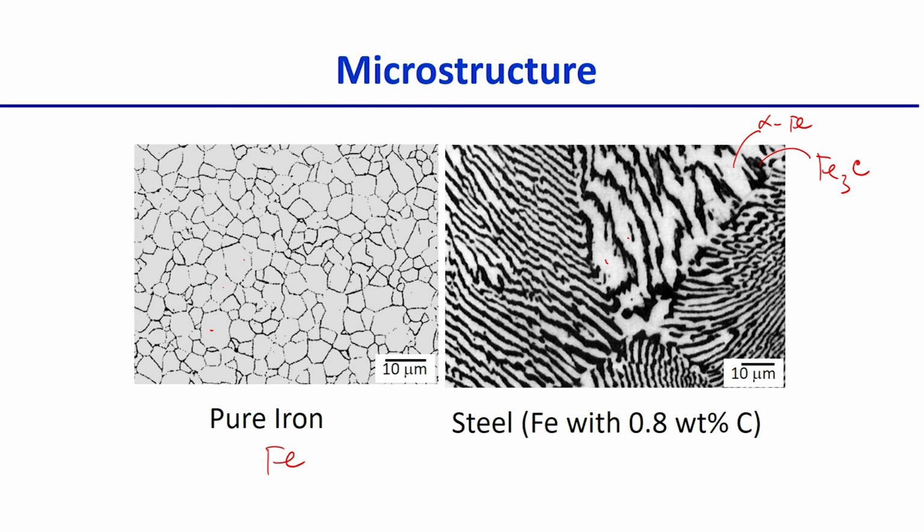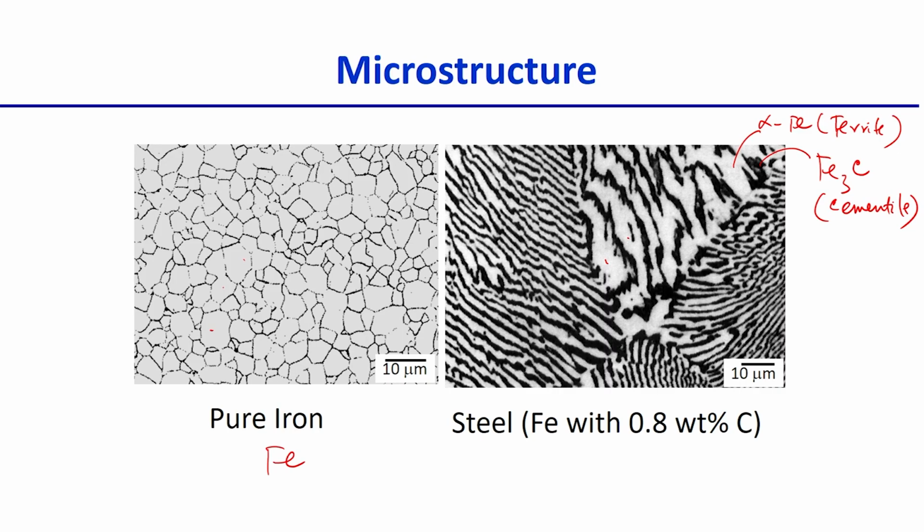And in this system with iron and carbon, this specific carbide Fe3C forms very easily. Iron is called ferrous, the ferrite, and this is called cementite. Sorry, this is a carbide called cementite.